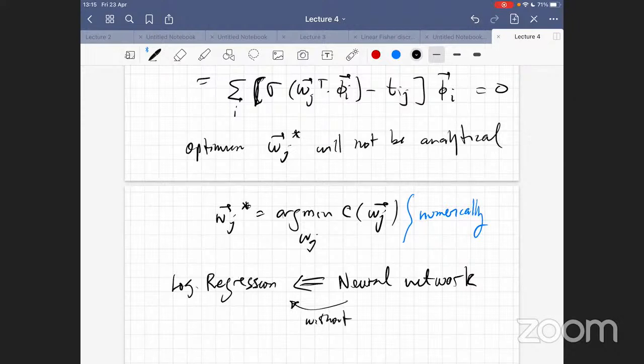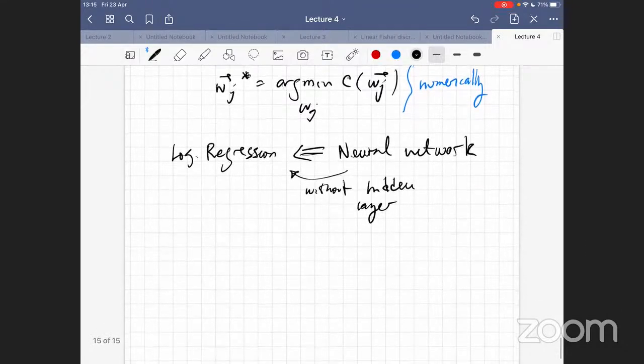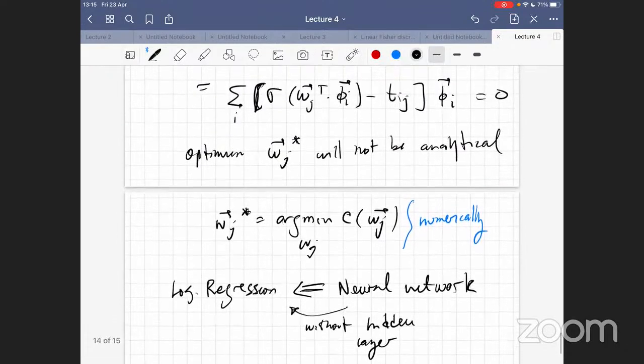We will see this in the next lecture. We probably have to do the exercise in the hands-on session corresponding to neural networks. We are also exploring the possibility of having a neural network without hidden layer, and then it would be like having a logistic regression. Okay.